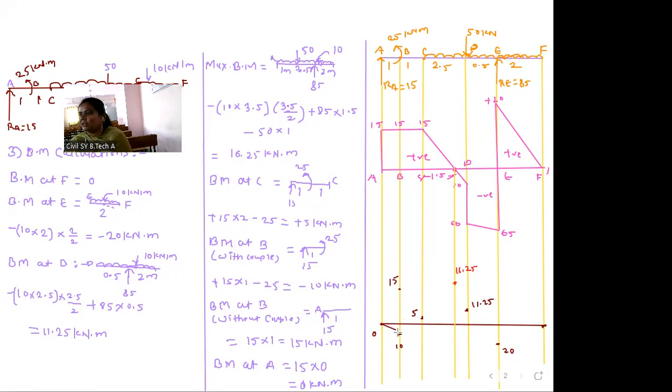So I will connect this to point C. After that, from E to F, we have to draw a parabola. So I will draw the parabolic connection.